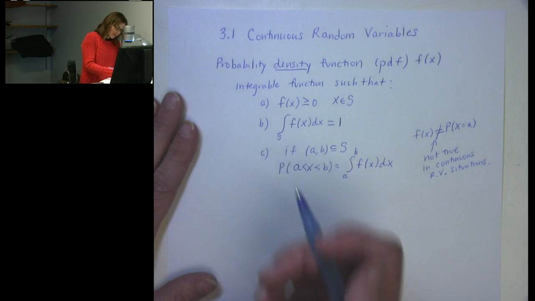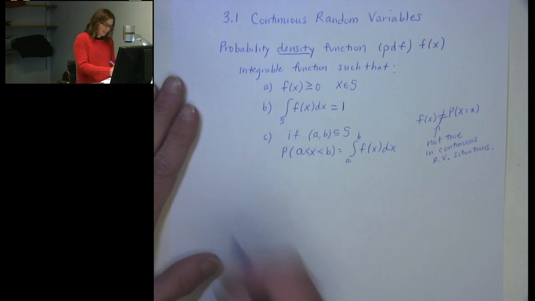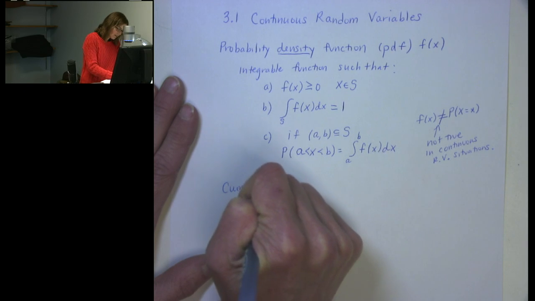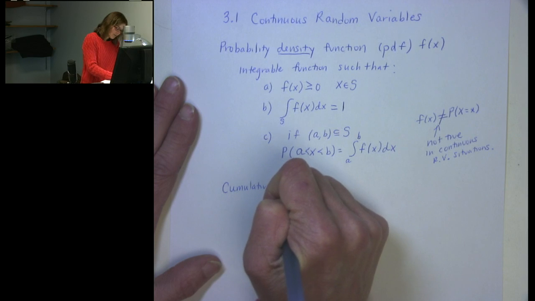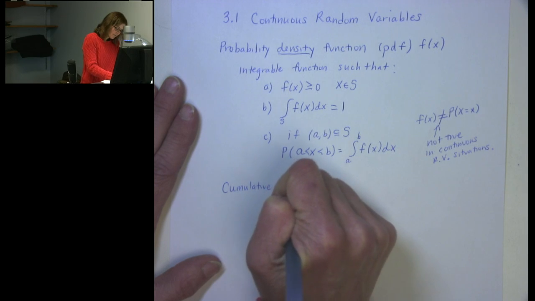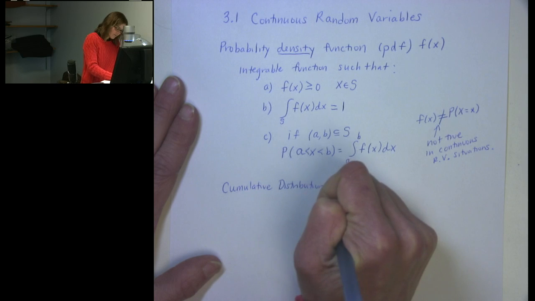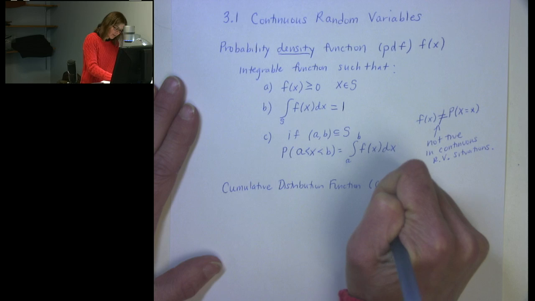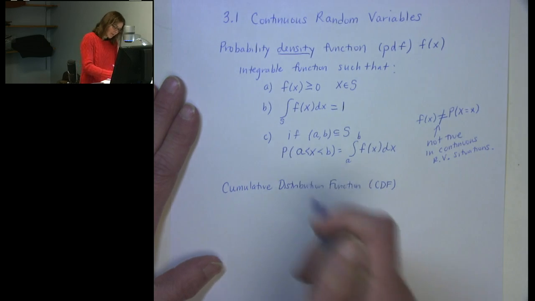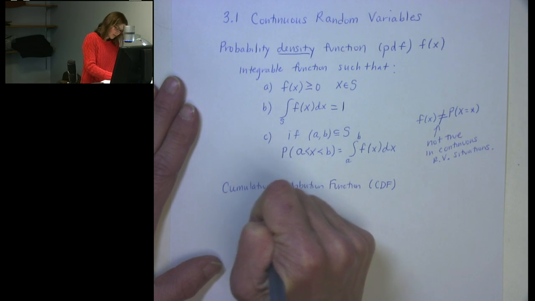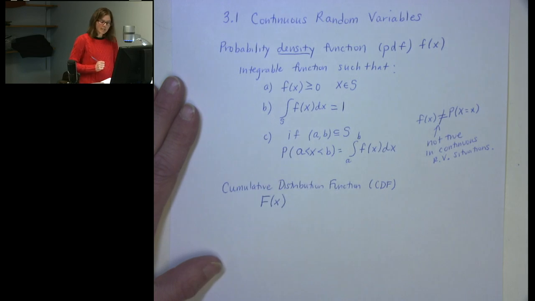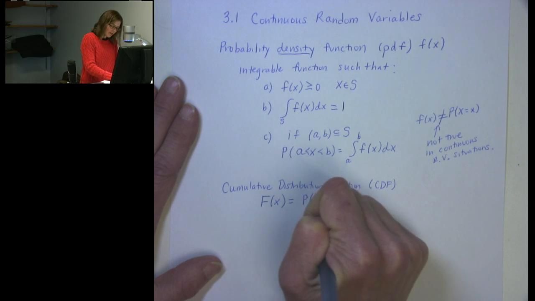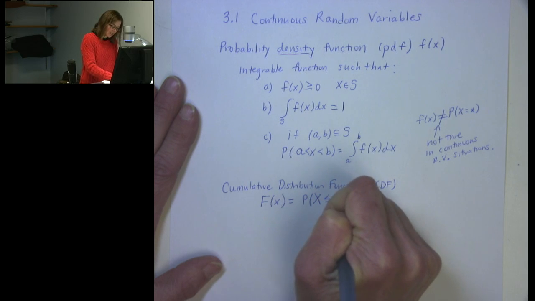The other thing, extending some of the things we talked about before, we used the term cumulative distribution function. We called that the CDF before, and we used the notation capital F of x and could use it to find the probability that our random variable took on a value less than or equal to our particular value little x.